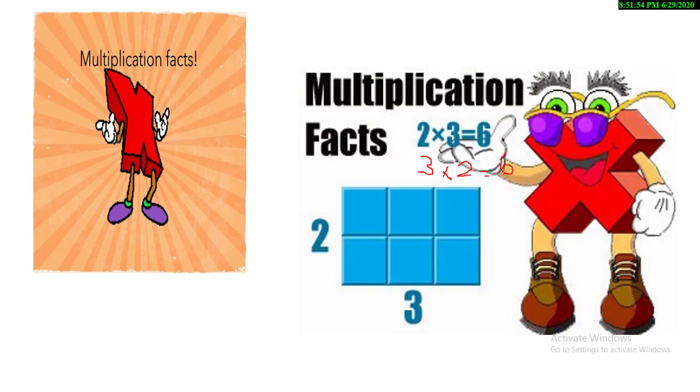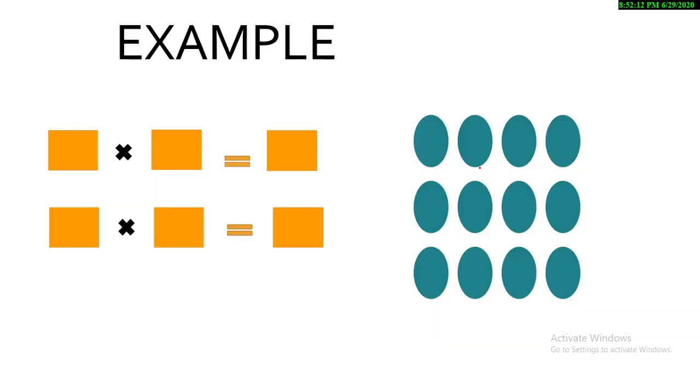Yes, this is a fact of multiplication. You can swap the places of these two numbers with each other, but your answer will never change. This is a multiplication fact, and this fact is going to help you a lot in today's lecture. So let's have a look.